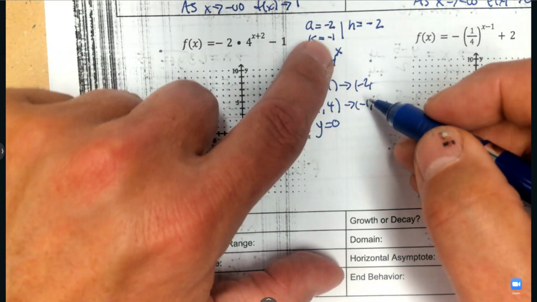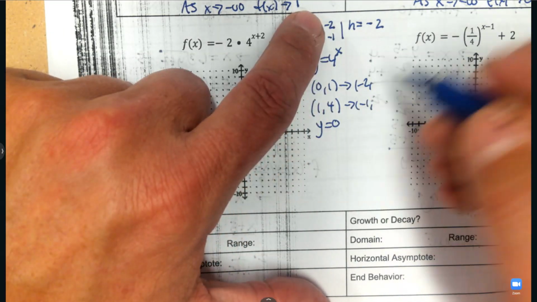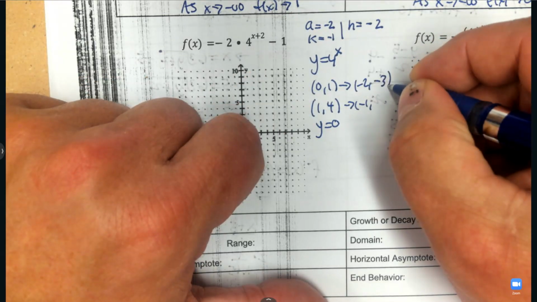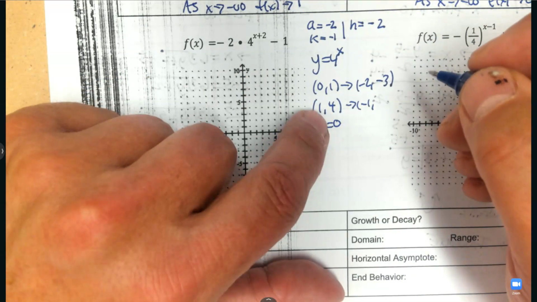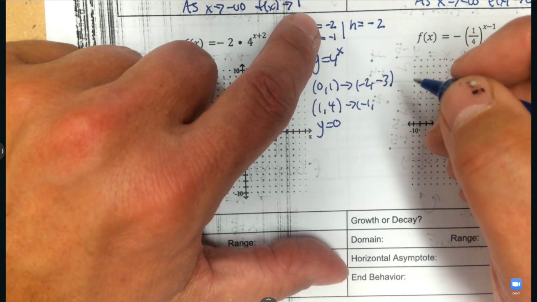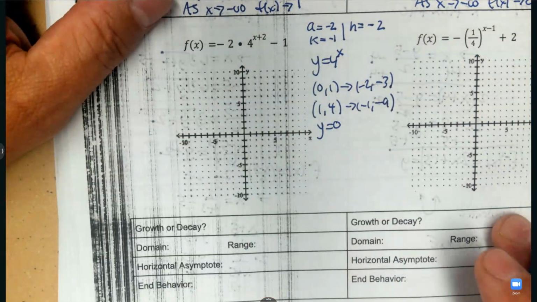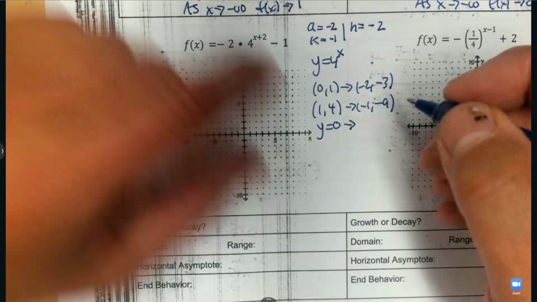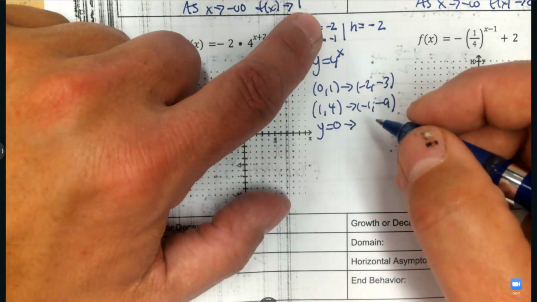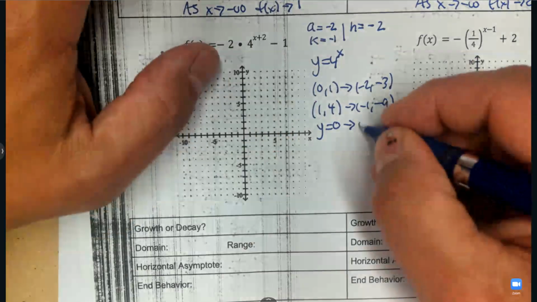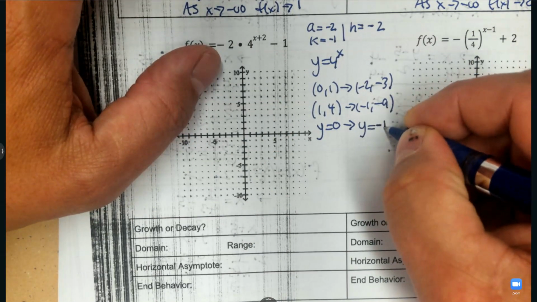I'm going to take the y coordinate. I'm going to multiply and then subtract. So 1 times negative 2 and then subtract 1. I'm going to do it again. 4 times negative 2, that's negative 8. Take away 1. And I'm going to put those 2 points. Oh, and I need to change the asymptote. So if you multiply times 0, it's 0, but subtract 1, and it's at negative 1.